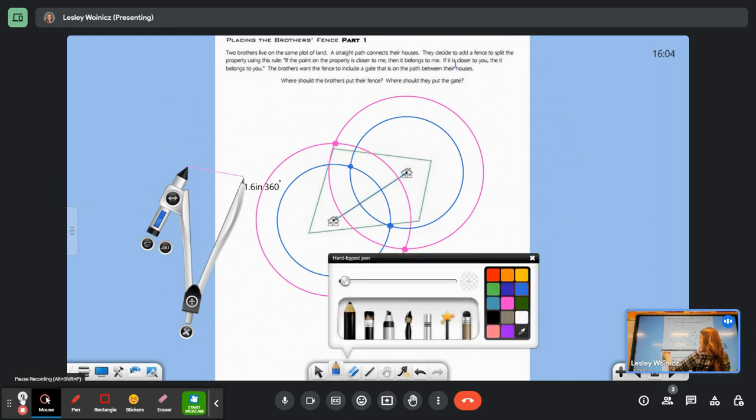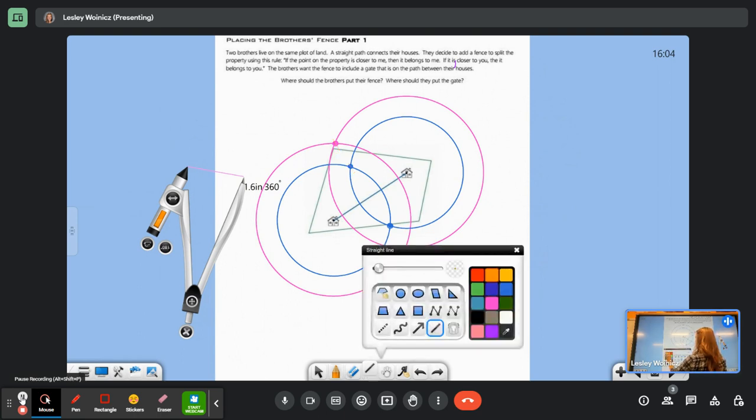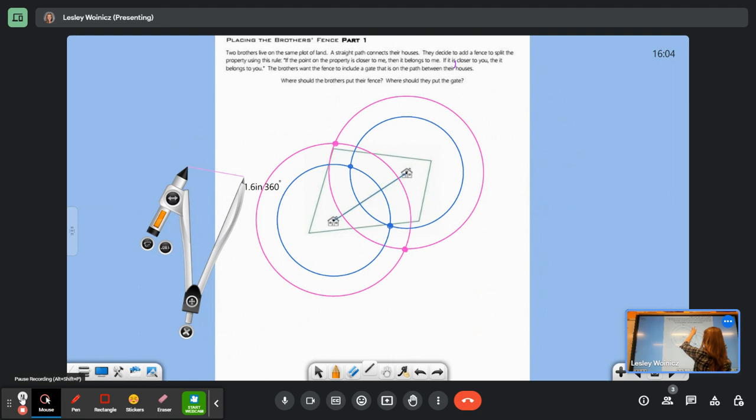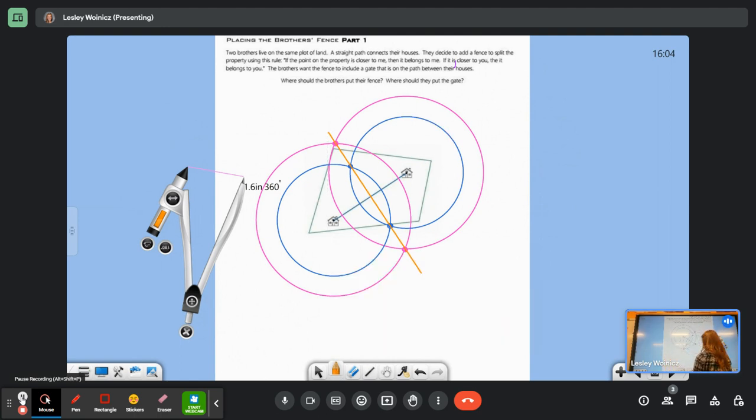You will eventually get all of the points that are equidistant from both of the brothers. And if you connect them, they make a very special figure called a perpendicular bisector.